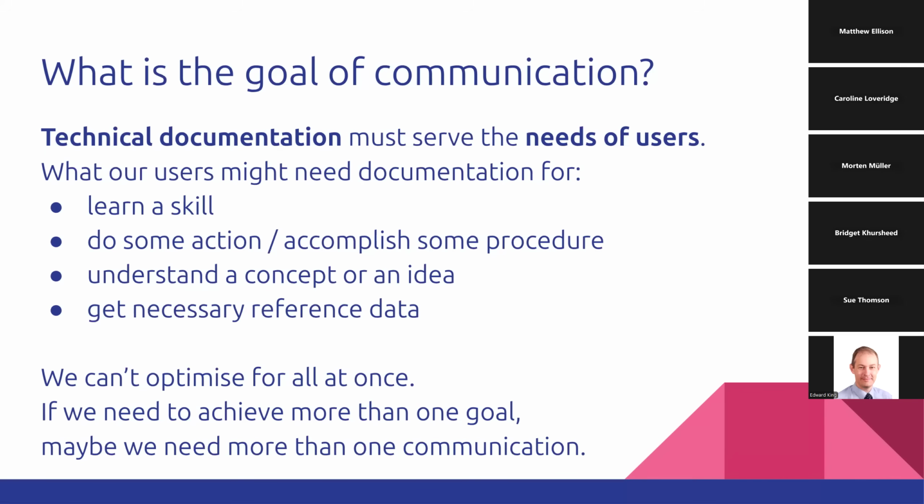And the core interesting idea here, I think, is that we cannot optimize for everything at the same time. We should probably specialize our communication in achieving at least one goal at a time, most efficiently. So if our user wants to learn a skill, we should address that particular need as much as we can, basically deprioritizing the three other needs in this particular communication.